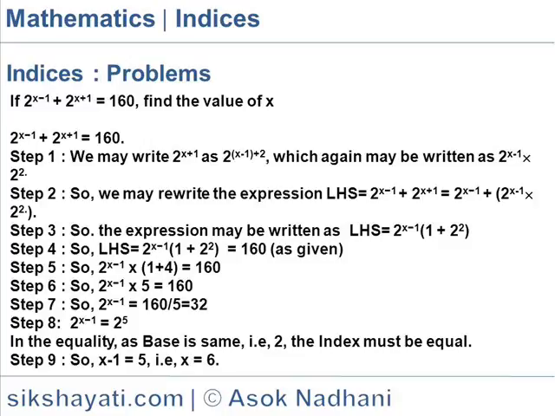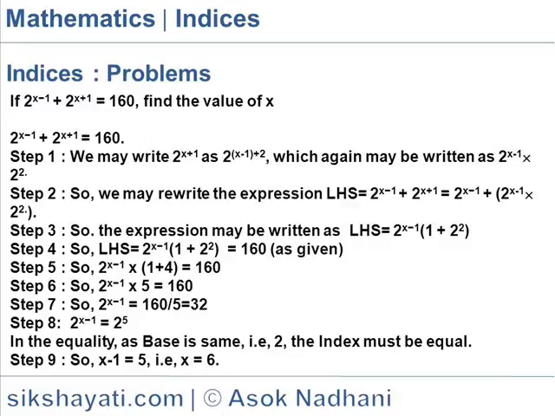So that means we make the index value x minus 1, and then add the rest of the things, so that we can rewrite 2 to the power x plus 1 into two portions. So you see how we do that.